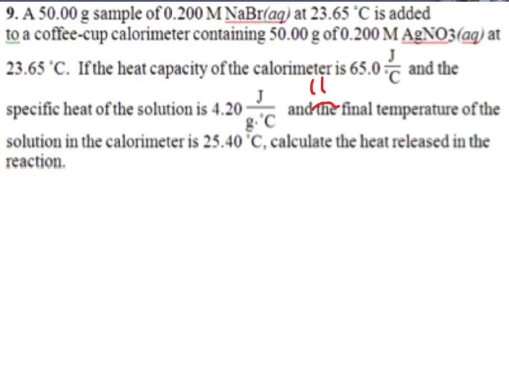Calculate the heat released in the reaction. Now we are not happy because we have two different heat capacities, so we cannot go straight into Q equals mcΔT. What this is telling us is that some heat has escaped. If it doesn't say there's no heat loss, then you're going to have to do an extra step.